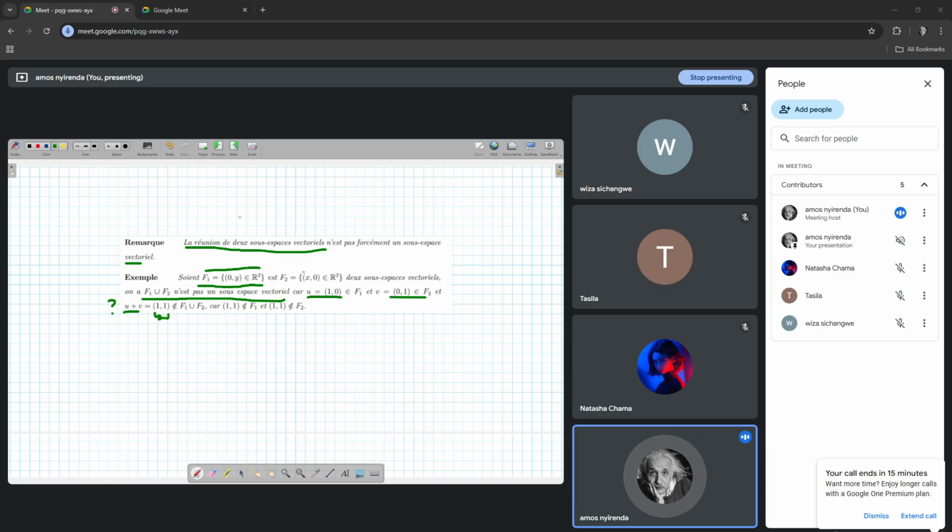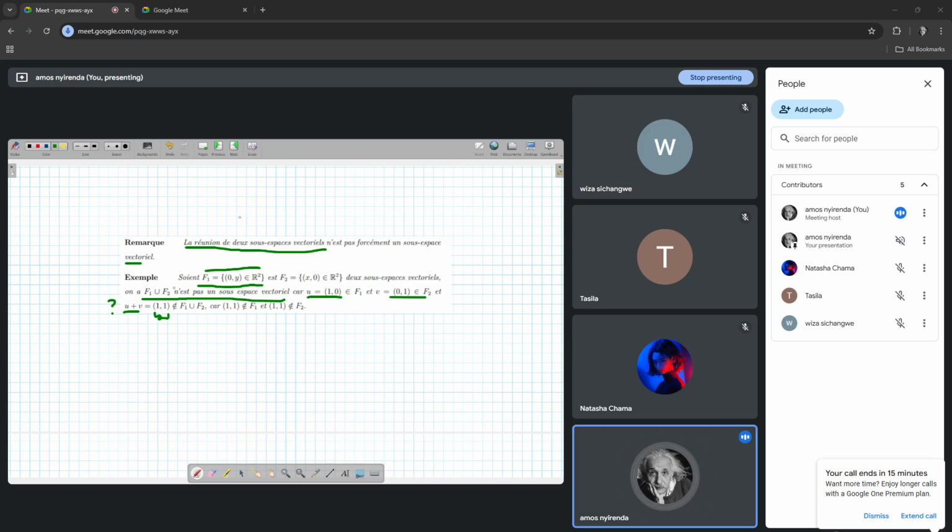It is also not in F2, and so it cannot be in the union, because if some element is in the union of two sets, it means it is in at least one of these sets. That's what it means. X is in the union of A and B. It means X is either in A or X is in B. But here X is neither a member of F1 nor a member of F2.